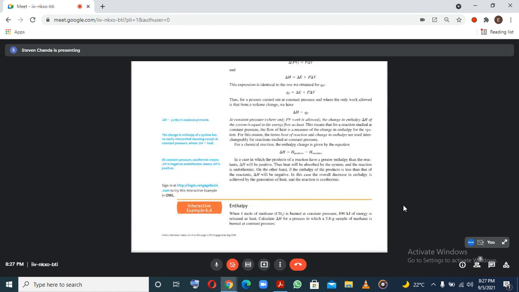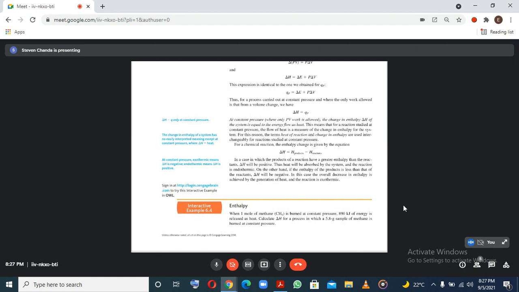So how do you find the enthalpy change? What you're basically saying is the enthalpy of the products minus the enthalpy of the reactants. Okay, so that's that, right? Remember, we are talking about energy flow, right?